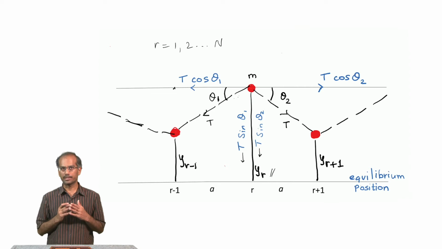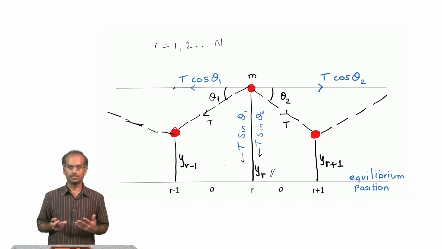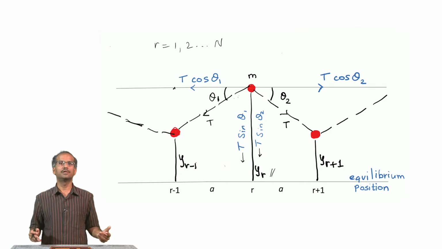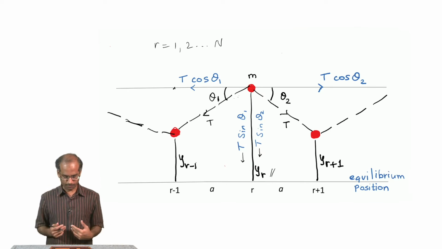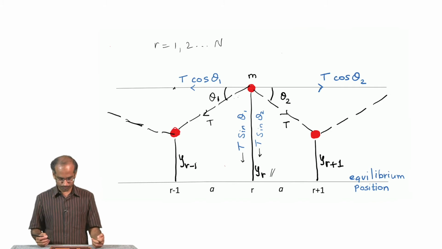We have assumed that there is uniform tension T in the string. Without tension, of course, there are not going to be any oscillations. It is this tension which provides the restoring force for oscillations to take place.